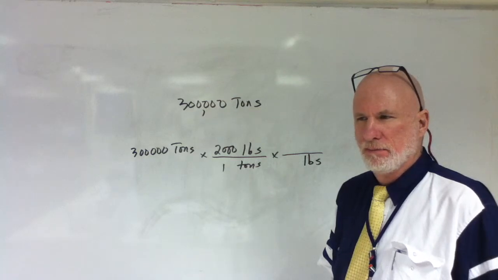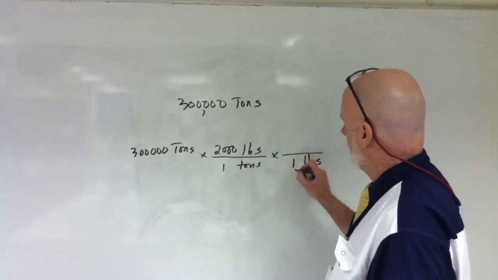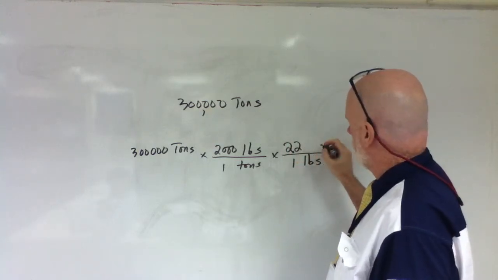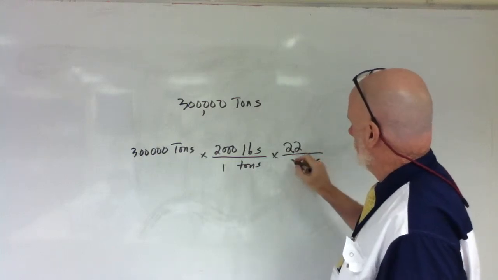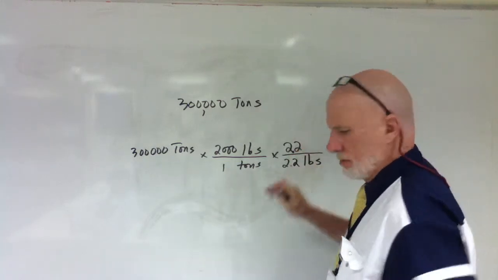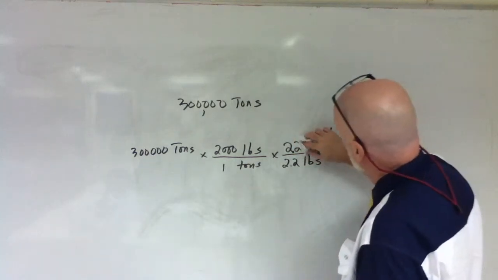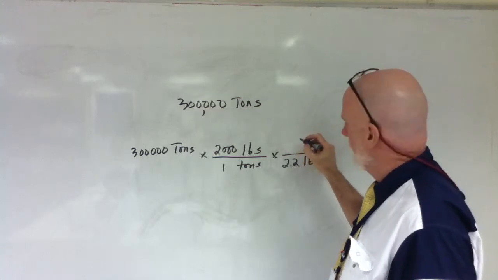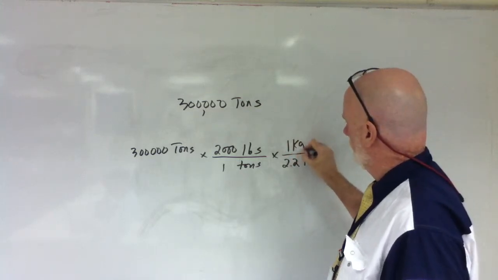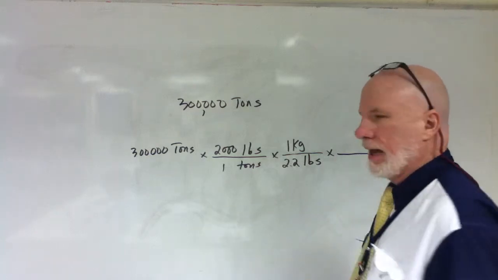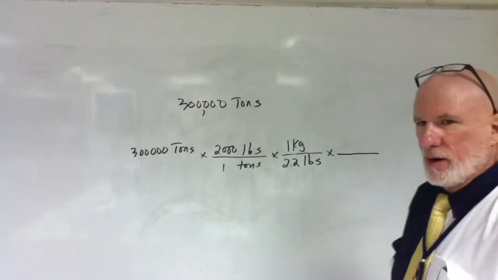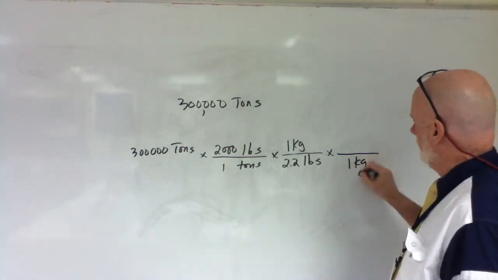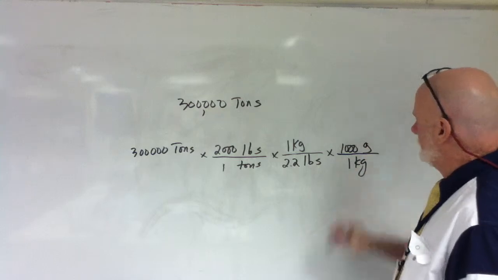2.2 pounds is 1 kilogram, right? And let's go from kilograms to grams. 1 kilogram is 1,000 grams.